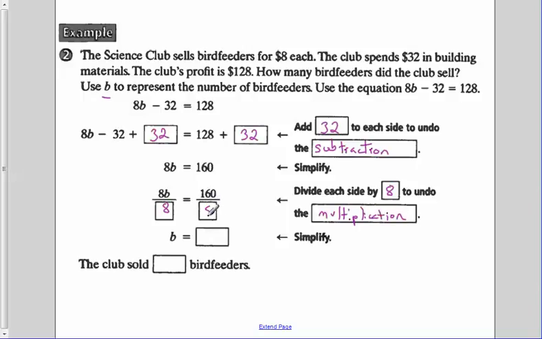Whatever I do to one side, I do to the other. That cancels my 8 out, isolating the b, the variable. And I have 160 divided by 8, and I have 20. So that leaves us with b equals 20, so the club sold 20 bird feeders.